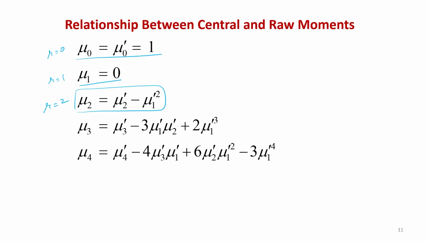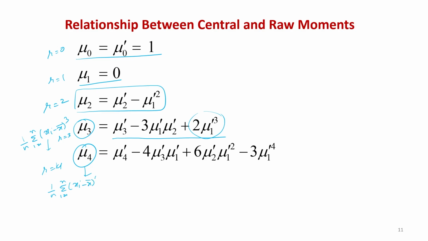Similarly, for r equal to 3, 1 upon n summation i goes from 1 to n of (x_i minus x bar) cube is mu 3, and if you expand it, you get the relationship mu 3 is equal to mu 3 prime minus 3 times mu 1 prime into mu 2 prime plus twice mu 1 prime cube. And similarly, for r equal to 4, mu 4 is 1 upon n summation i goes from 1 to n of (x_i minus x bar) to the power 4.